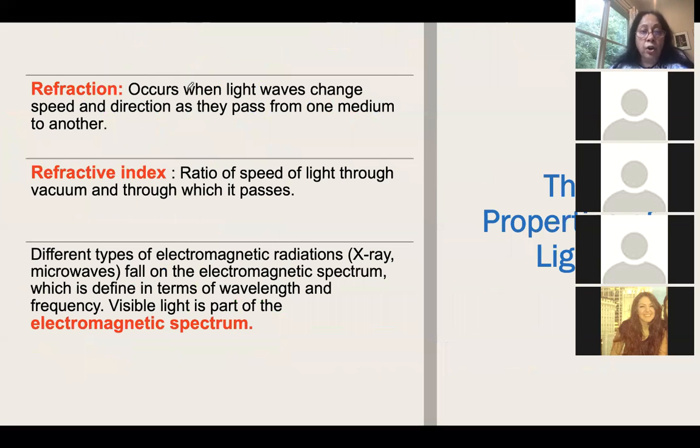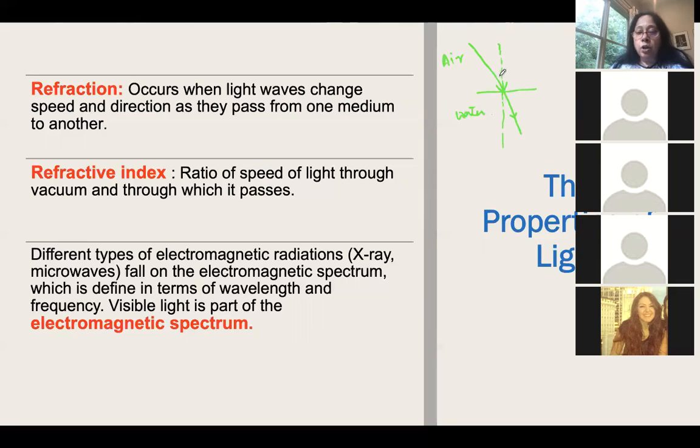Refraction occurs when light moves through two different media or three different media. So over here, this is air and this is water. When light is coming from the air and entering the water, it changes its speed.